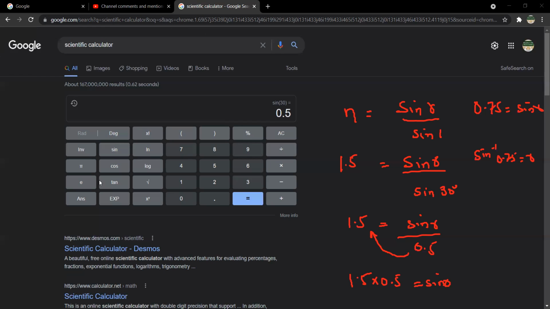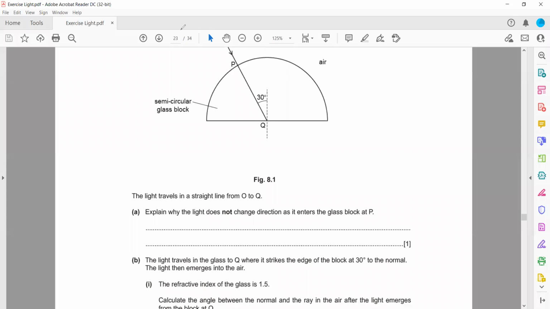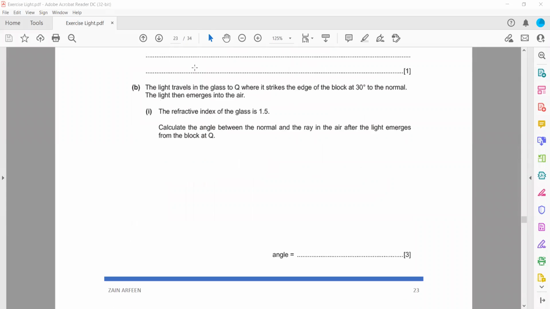So shift, sine inverse 0.75, which is equivalent to 48 point. The value of the angle of refraction is 48.59 or 48.6. So we can say the angle of refraction is 48.6.